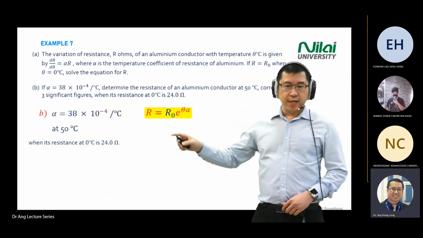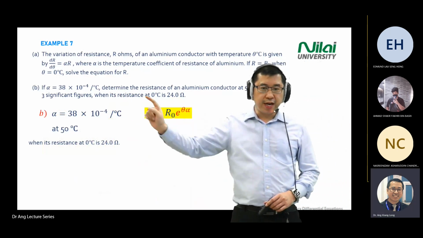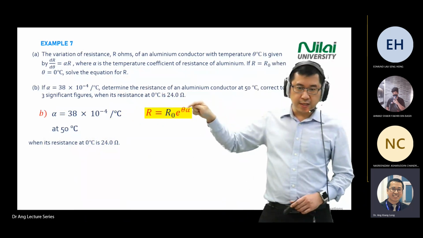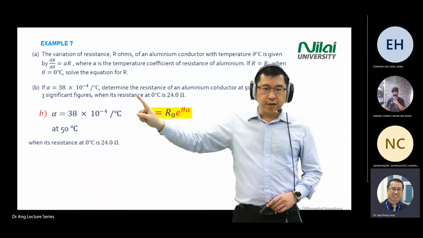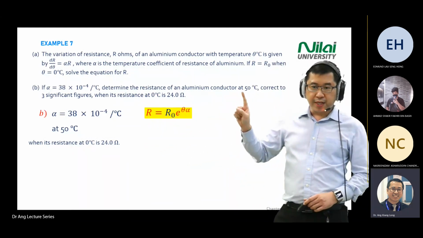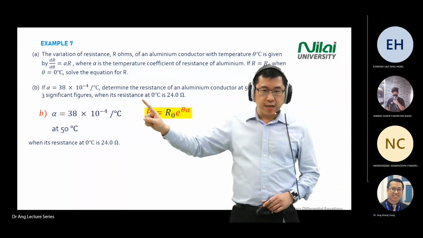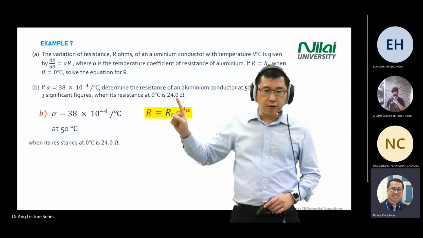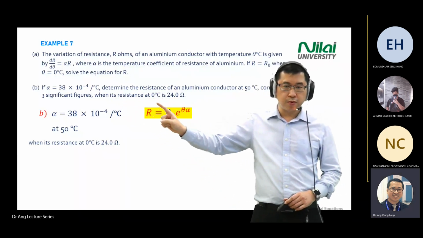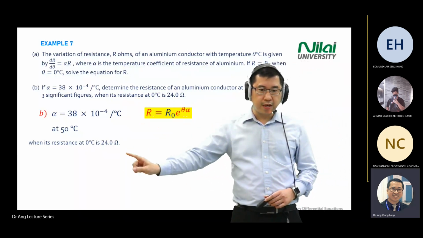Once you have this, it asks you to solve for the second one. The second one gives you the value of alpha, meaning you substitute this value of alpha over here. You are asked to solve for the resistance at 50 degrees C, when the resistance at 0 degrees C is 24 ohm. So what does this statement help you with? You have this equation, and I'm going to do something over here.